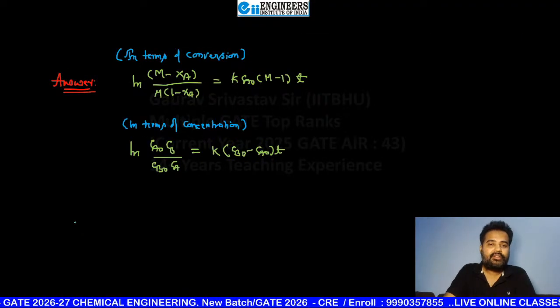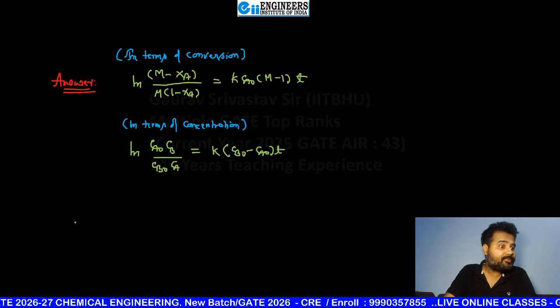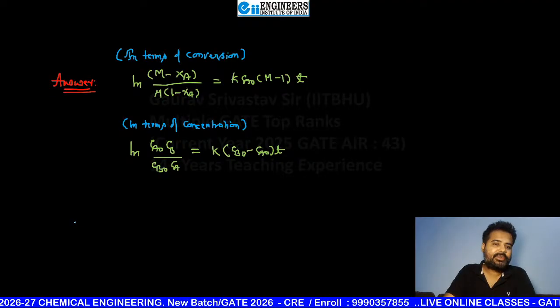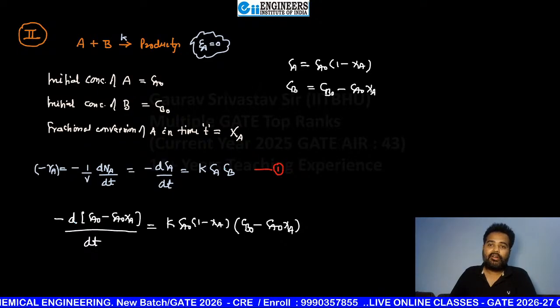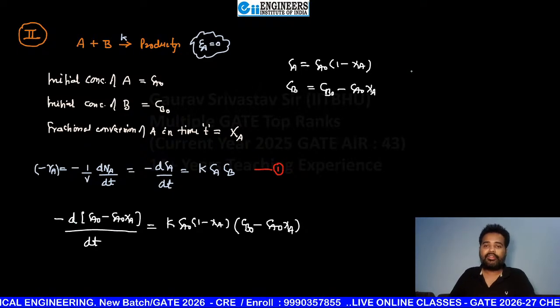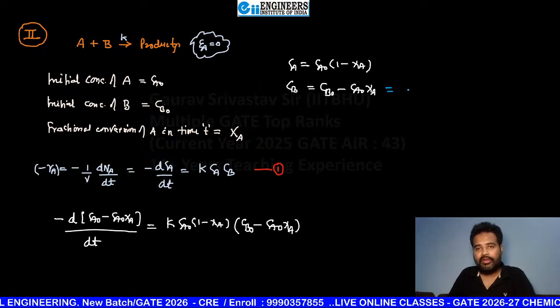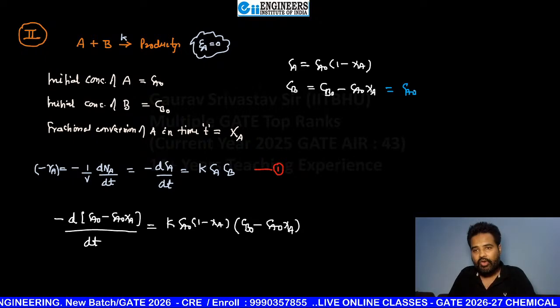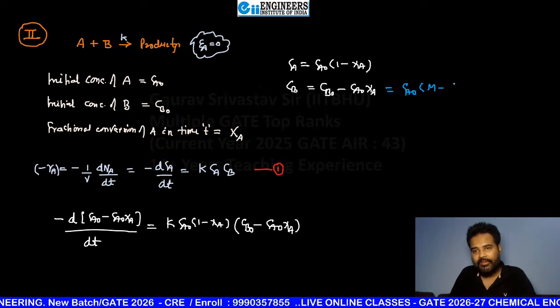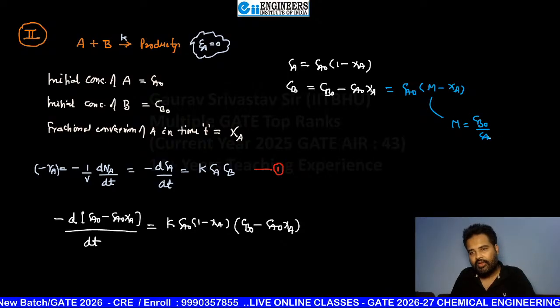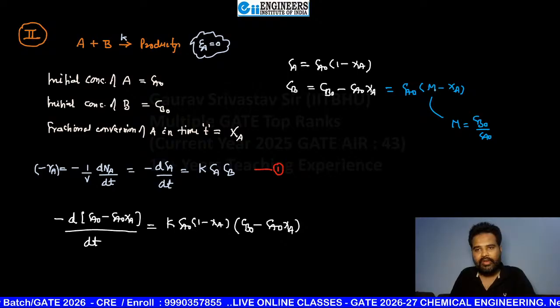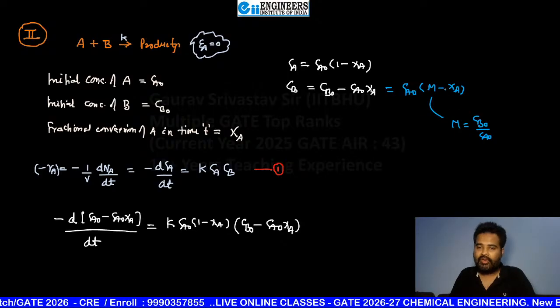C_B term where beta? In this case, Shiva Tarun, when you are going to convert in C_B or C_A, this C_B you can write like C_A0 (M minus X), where this M is C_B0 by C_A0.